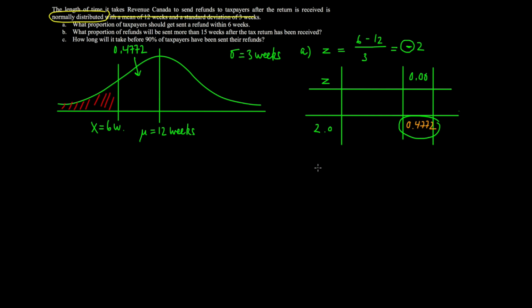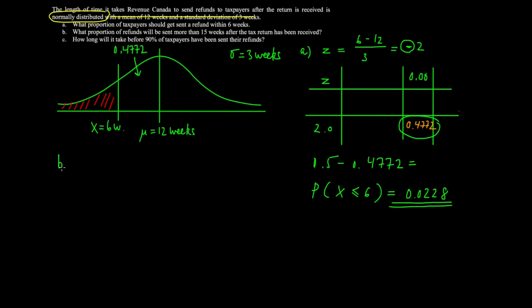So I need to do 0.5 minus 0.4772. And this is going to equal the probability of my x being less than or equal to 6, which is equal to a total of 0.0228. Okay, so that's the probability that taxpayers will receive their refund within 6 weeks.